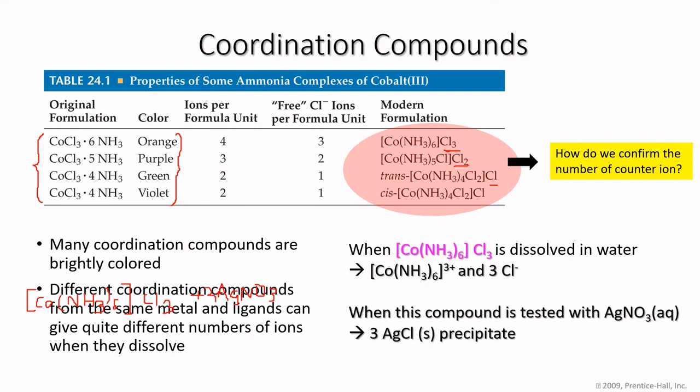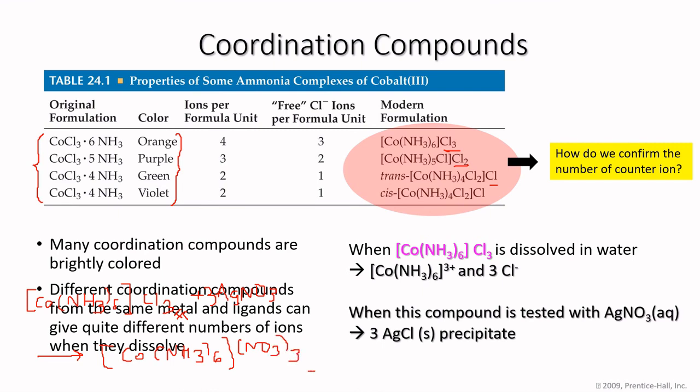In this case, you react with 3 silver nitrate because you have 3 chloride outside. Both of them are in solution. And then once you react, you will get this compound, and the chloride ion is now replaced by nitrate ion.